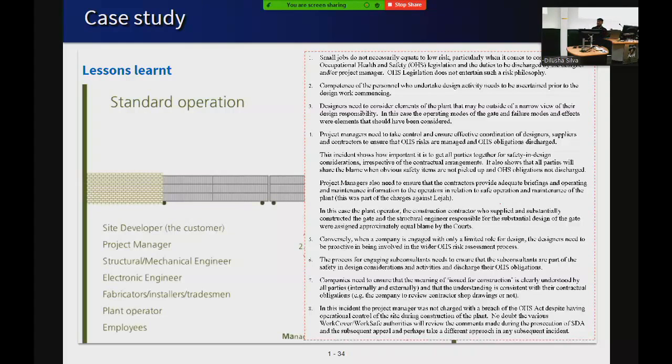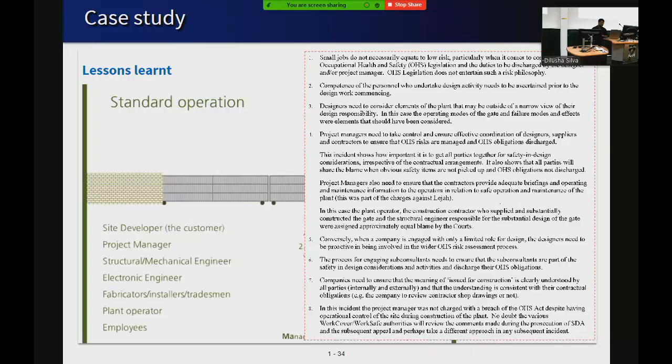So you need to talk to other people, you need to brainstorm within the team, and see what else could go wrong. What could go wrong is a real important thing we need to look at. Project managers need to take control and ensure effective coordination of designers, suppliers.